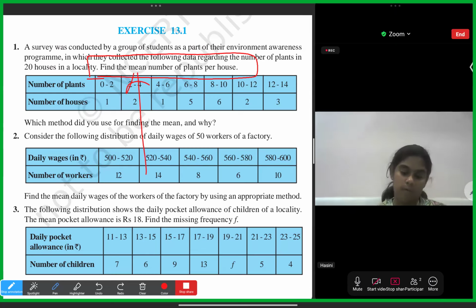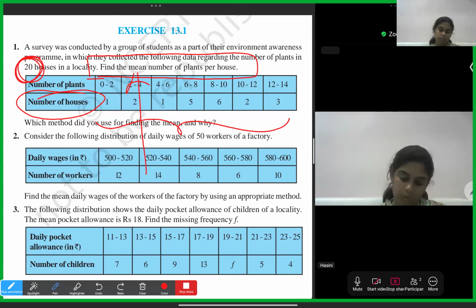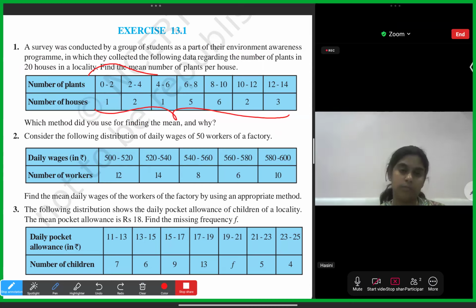If you observe the number of plants and the frequency values, that is the number of houses, and add all the frequencies, you will get 20 houses, because they conducted the survey on 20 houses. Now you can observe these numbers: almost all of them are single digits, very small.